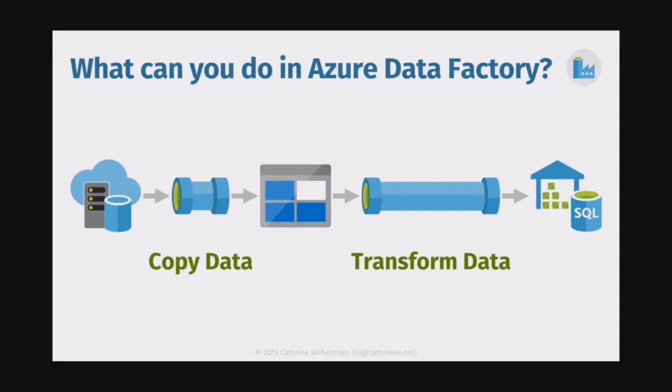Then you have the other part, which is the data transformation, which wasn't there in Azure Data Factory v1. Now, you could tell Azure Data Factory to run other services, things like Spark jobs or something else to take care of that transformation. But now with the new data flows capabilities, you can actually do all of that inside of Azure Data Factory as well.